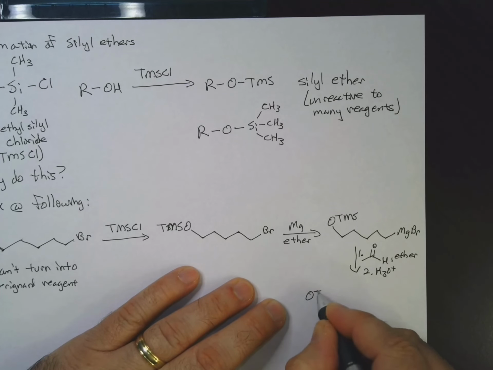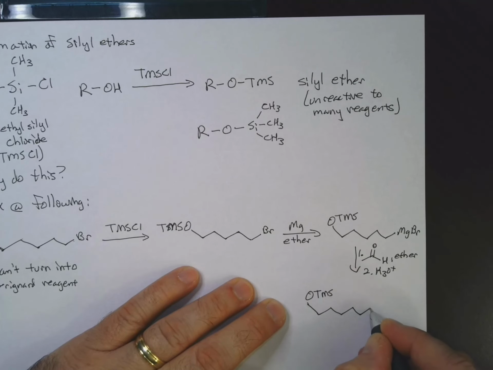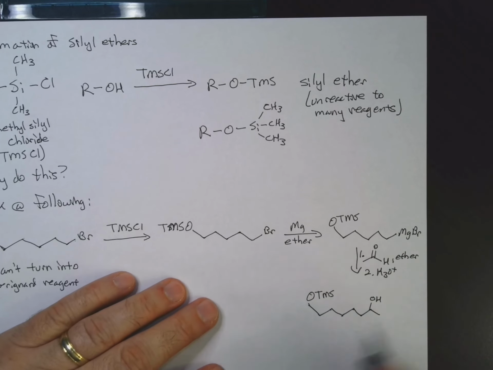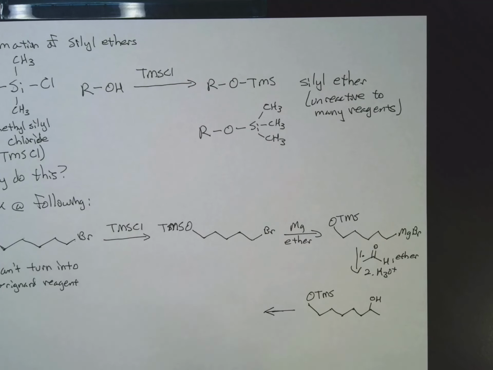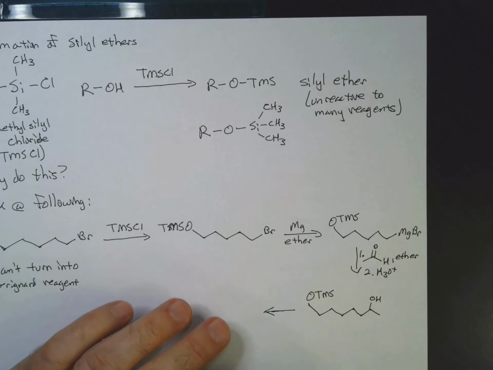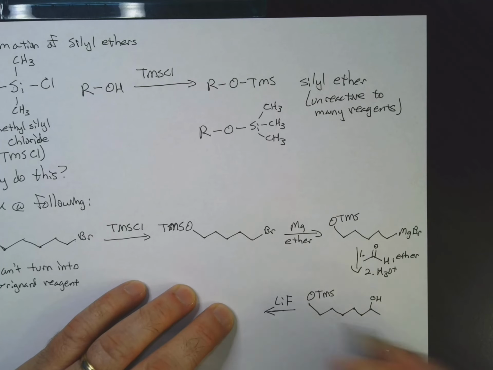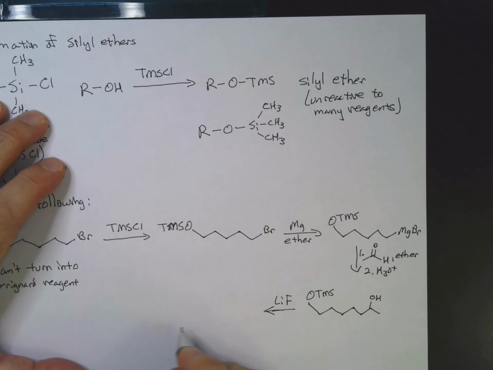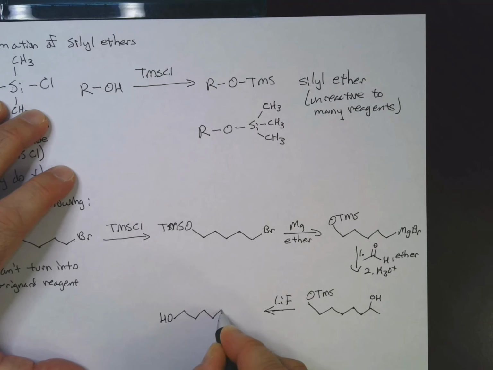And so I'll now have OTMS with an OH there. And then I can remove my OTMS by using something like a fluoride ion, like lithium fluoride, and I will get HO.